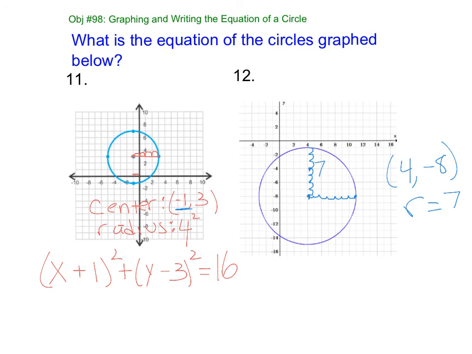Yep. So my radius is 7. So x minus 4 squared plus y minus squared equals. All right. X minus 4. Y minus negative 8. The minus 8 becomes a plus 8. And then 7 squared. 7 squared is 49. And that's the lesson. That is writing the equation of a circle.